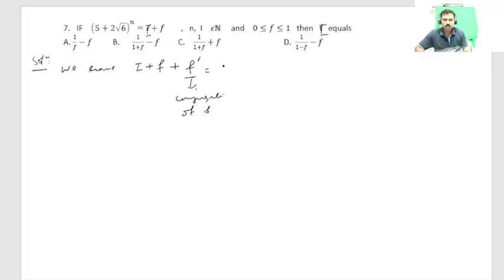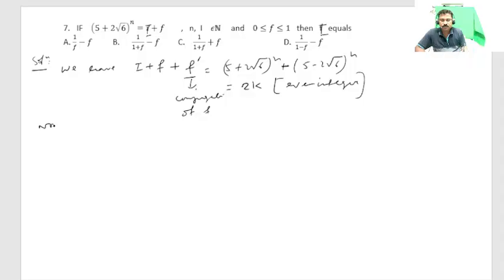So here 5 plus 2 root 6 whole to the power n, and the conjugate of this, that is 5 minus 2 root 6 whole to the power n here. Clearly this is an even integer, so we write 2k, that is even integer.